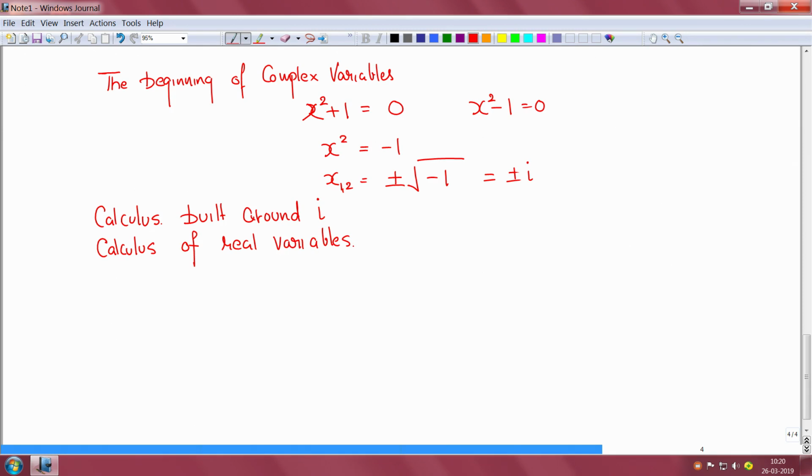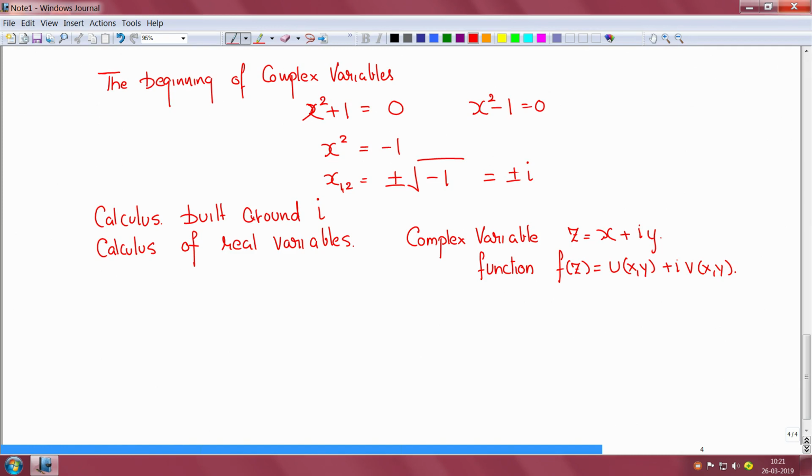So, now the new variable, the complex variable is z, which is x plus iy, and the complex function is f of z, which we will tend to write as u of x comma y plus i v of x comma y.